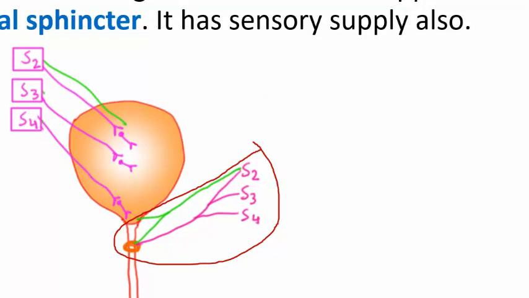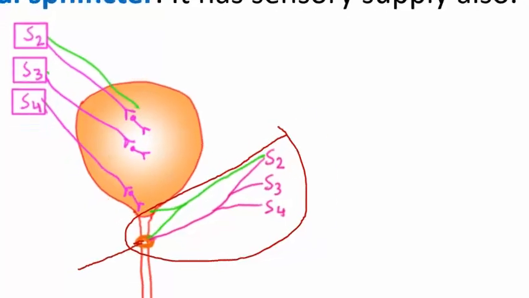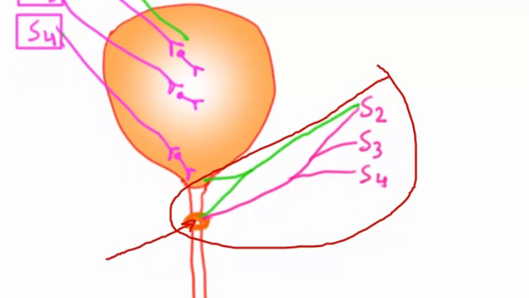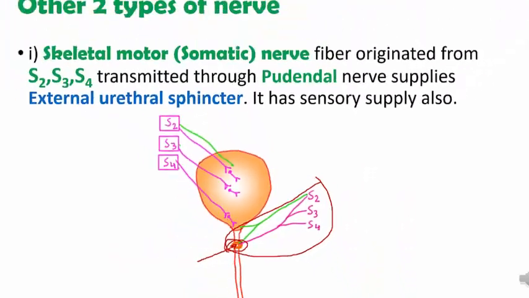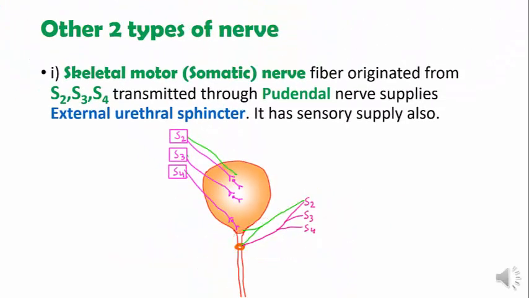This orange color is the external urethral sphincter. You already know that. And this is under voluntary control. It also has a sensory nerve supply. This green one is the sensory nerve supply.